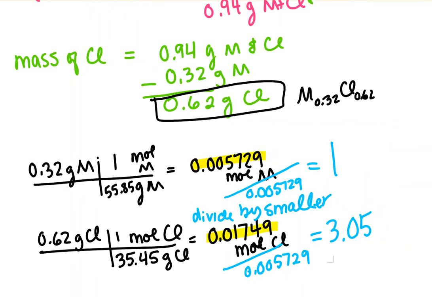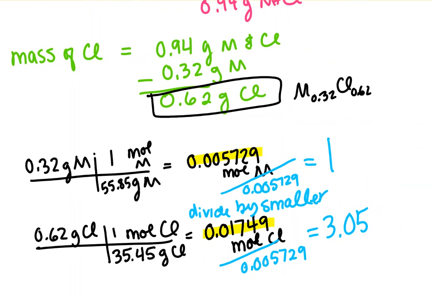But we know that this should be a whole number, and the reason that it's not is because of our error in this number. It only has 2 sig figs. So I'm going to call that a 3, and that is a 1. Our ratio here is that we have 1 of the metal for 3 of the chlorine.